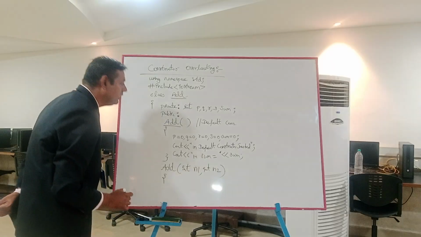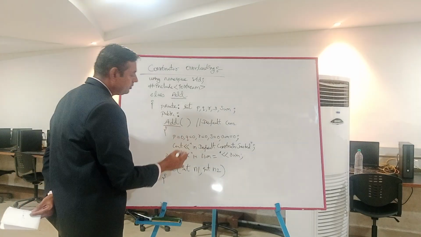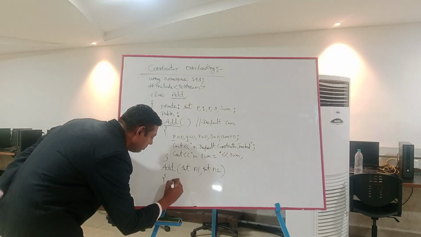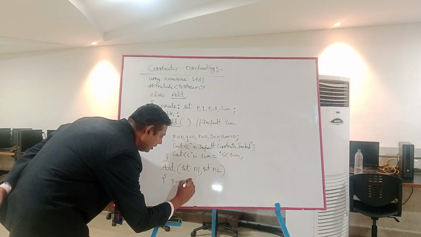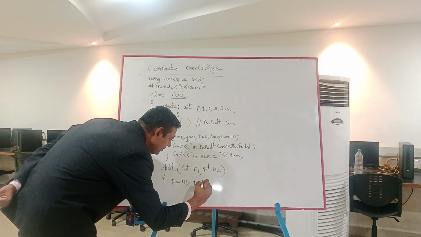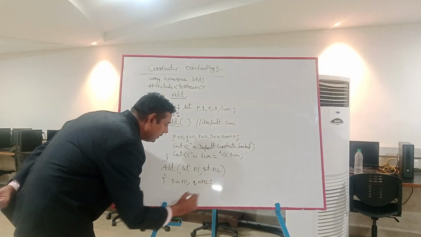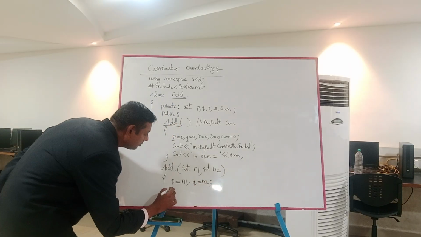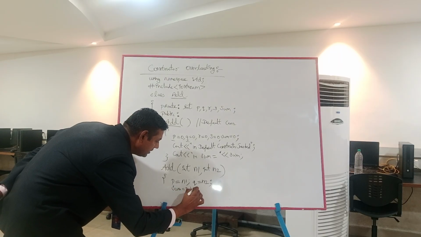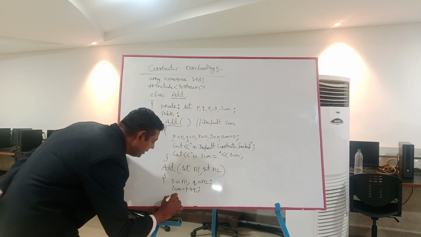Next here I can assign the values for P and Q. So first two variables: P is equal to n1 and Q is equal to n2. Next I can find the sum. So sum is equal to P plus Q.